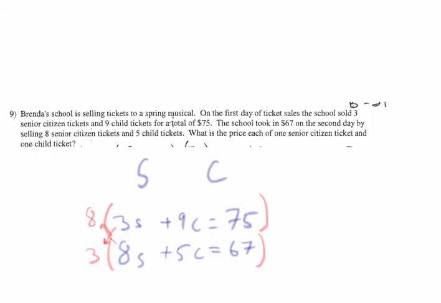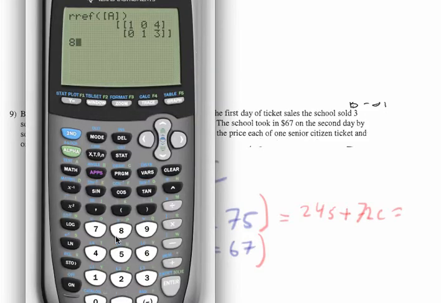What this is going to do is they're going to have the same number of S's on the top and the bottom. So this equation is going to become 8 times 3, that is 24S, 8 times 9, that's 72C. See? And 8 times 75, let me get my calculator quick. That's 600.